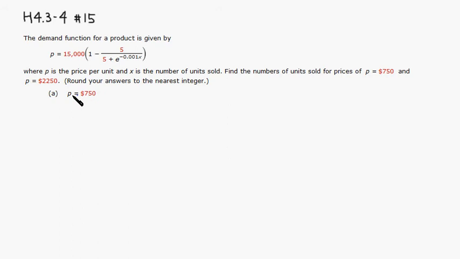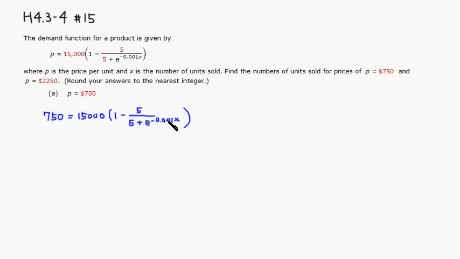So P is 750, so you will have 750 equals 15,000 times (1 minus 5 over (5 plus e to the negative 0.001x)).